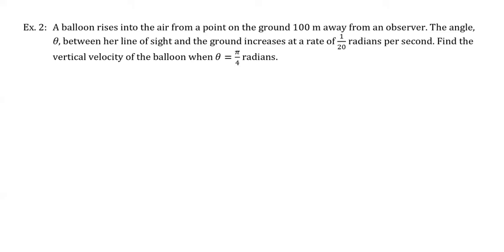So this is my balloon. And the balloon is rising into the air from a point on the ground 100 meters away from an observer. So this is my observer over here. So this is 100 meters. What is relevant about that 100 meters? Not changing.